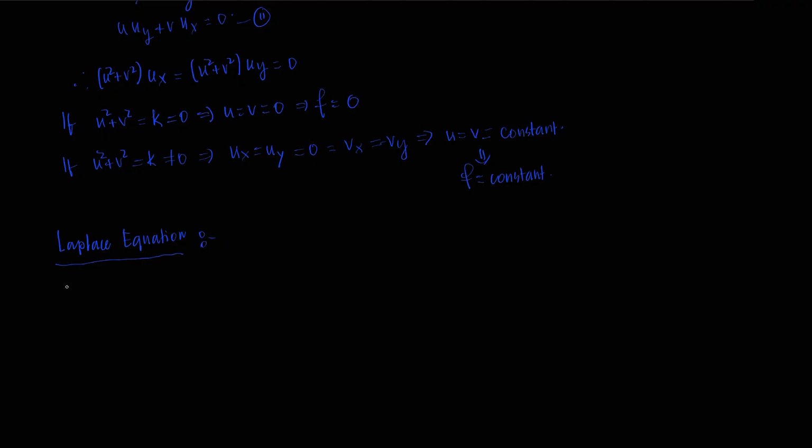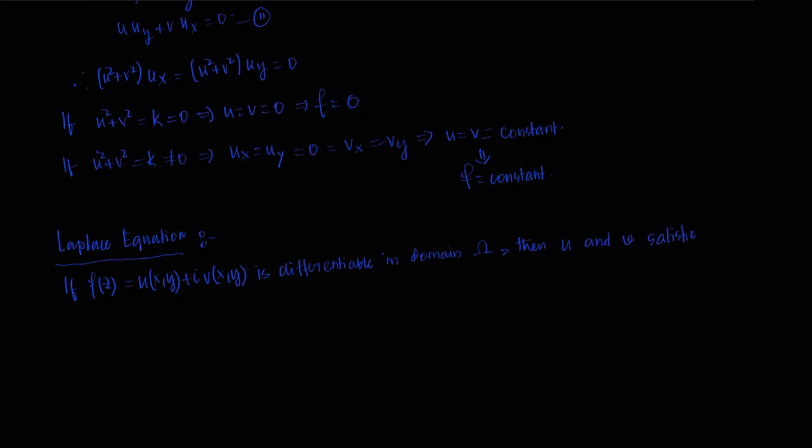It says that, let's say, if f of z equals u of x,y plus i v of x,y is differentiable in a domain omega. As I told you, whenever I am writing omega, you just assume it is the domain. Then u and v satisfy the following.